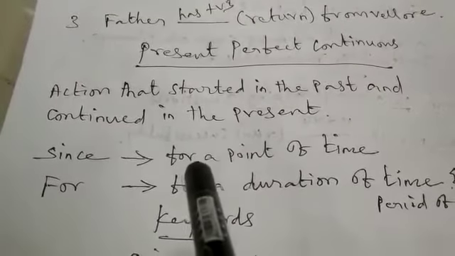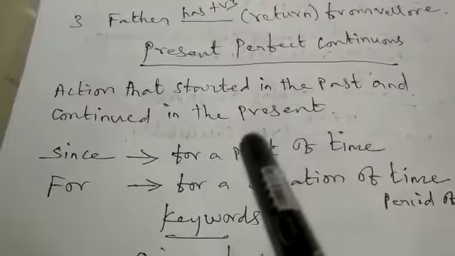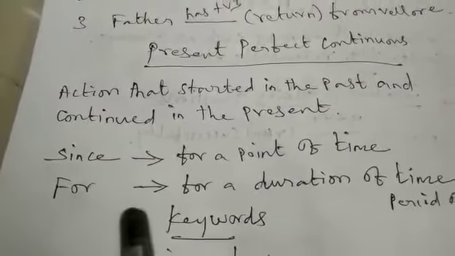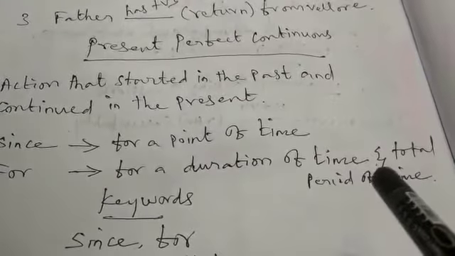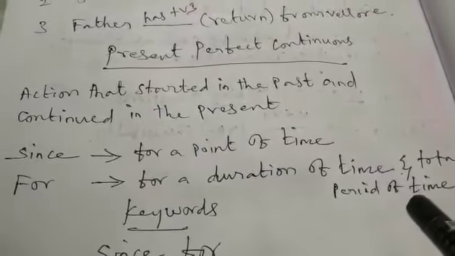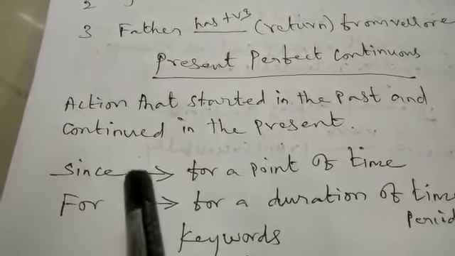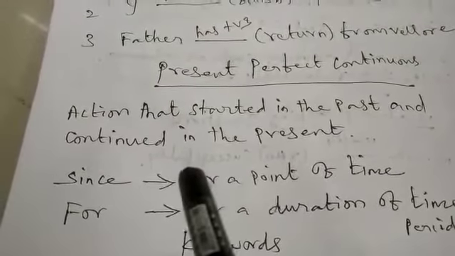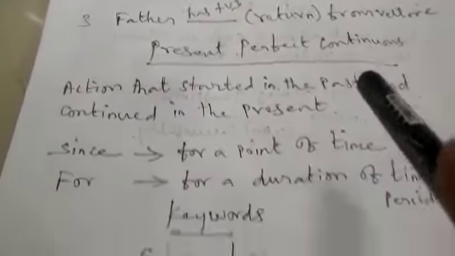If a sentence shows a point of time, you have to use since. If a sentence shows a duration of time, a total period of time, you have to use for. These two words are considered keywords for present perfect continuous. Okay.